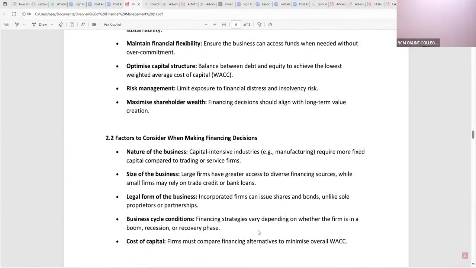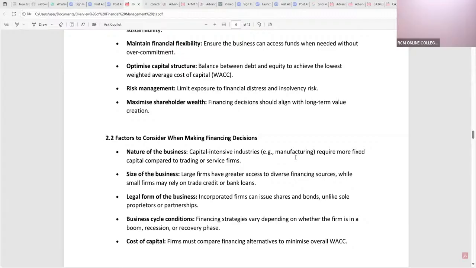Now, what factors should I consider when I'm making a decision of which vehicle to use to finance my business? Factors to consider when making financing decisions: the nature of the business. There are businesses naturally which are capital intensive, like they're telling us here, manufacturing. Setting up the plant, setting up the warehouses.